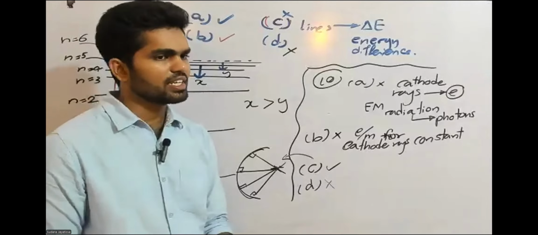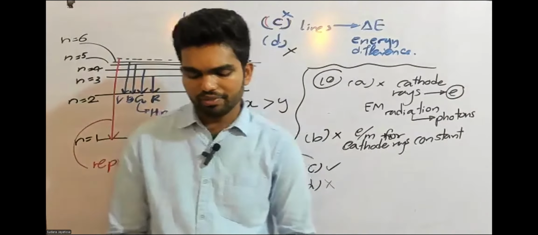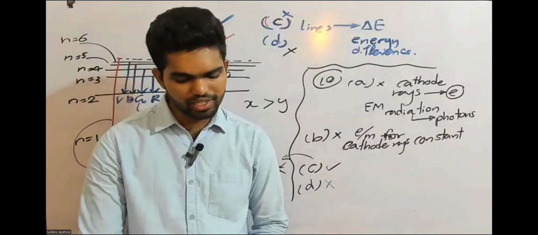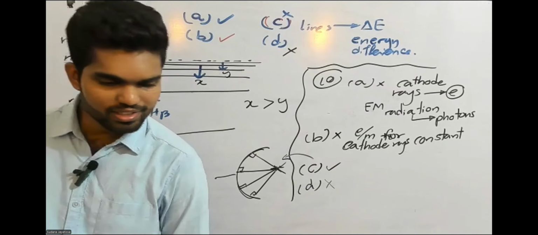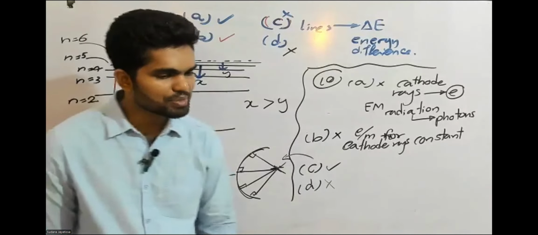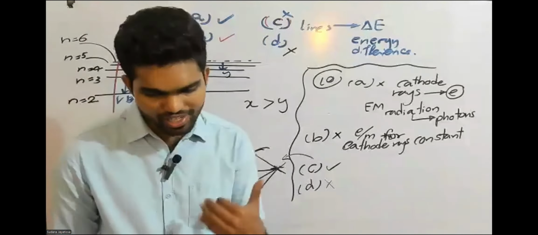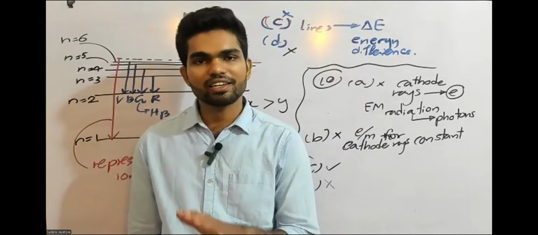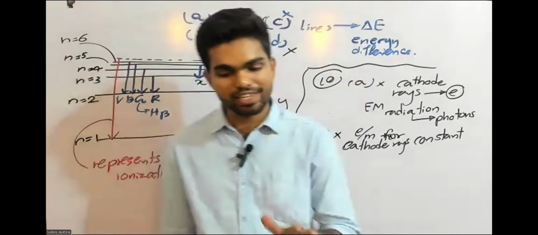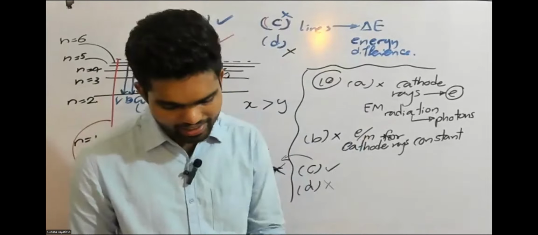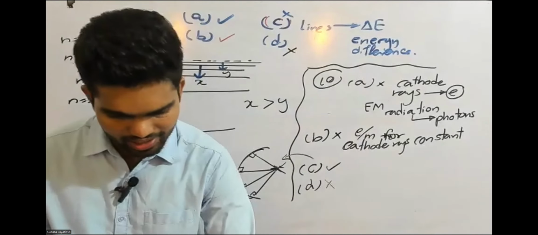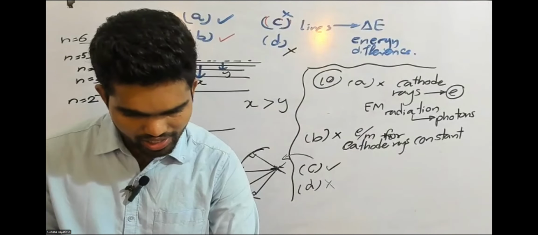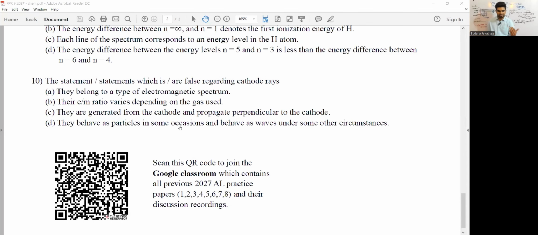We know that electrons have particle and wave characters, no? But why is this one wrong? Cathode rays are behaving like waves and particles at the same time. Look at the way they are telling it: on some occasions it behaves as a particle and on some occasions it behaves as a wave.